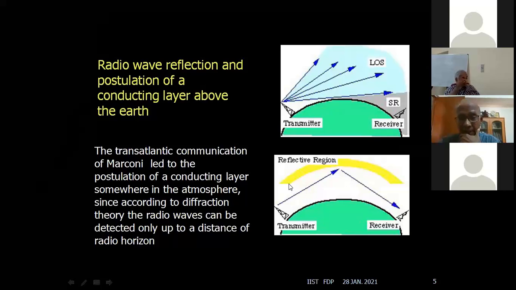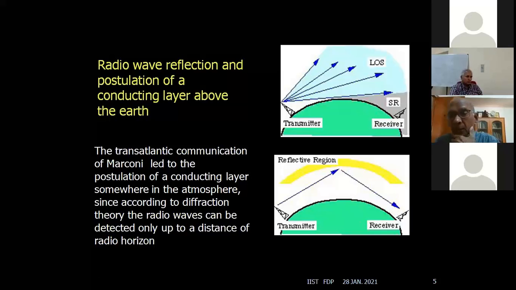But then the distance from the east coast of England to St. John's, Newfoundland, Canada, is a transatlantic distance, beyond 3,000 kilometers. So it is inevitable. People thought there must be a reflector to reflect the radio waves. So this is the sketch showing the reflector.